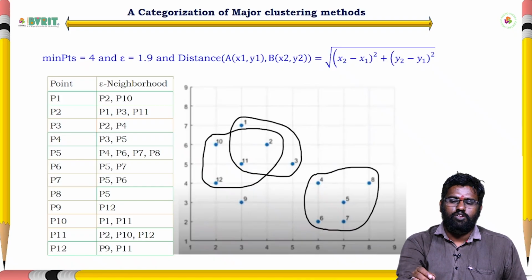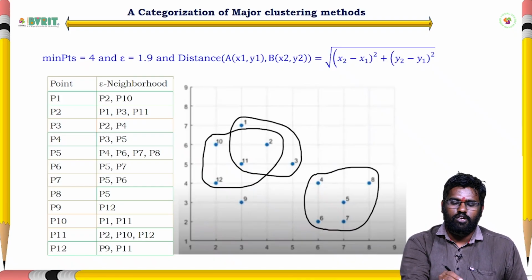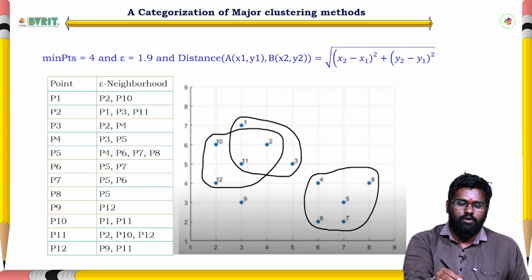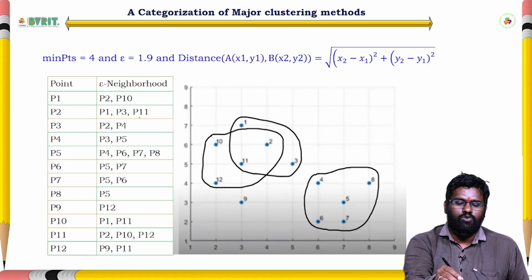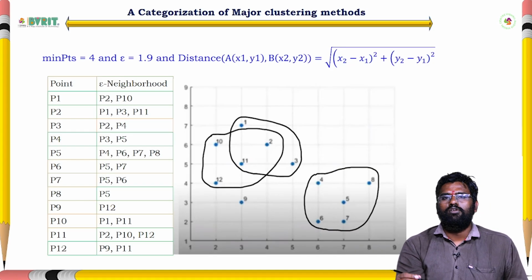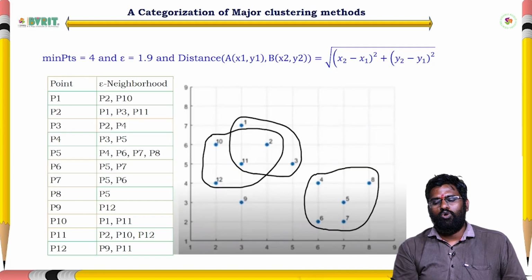Based on that, we have to frame the graphs. See here, the points P2, P10, whatever points they are, are to be connected. So P2, P10, P12, those points we frame with one line. Next 1, 11, 3. Among the border points and core points, the core points are written here.